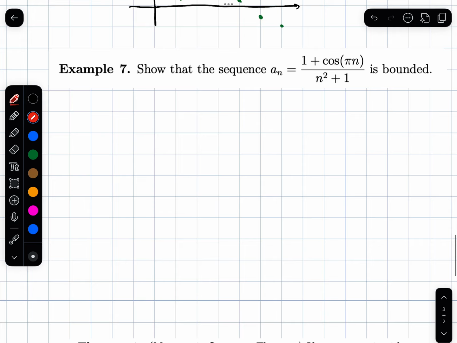Now, here's an example. Can you show that the sequence is bounded? So by the way that it's phrased, I have to show that it's both bounded from above and bounded below.